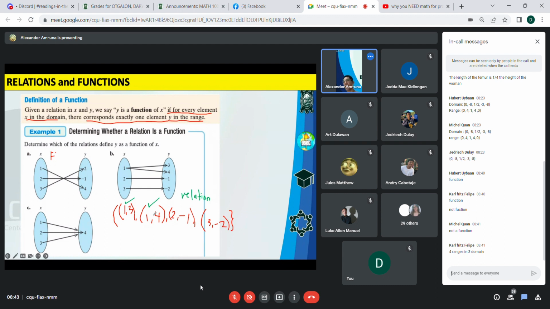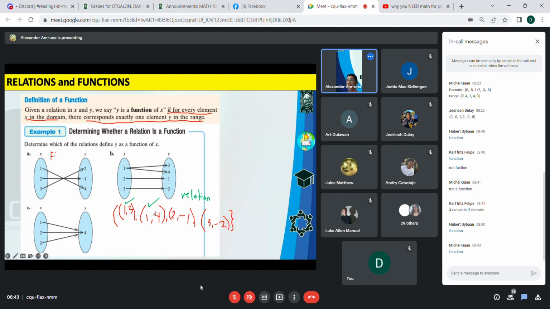Okay. How about letter C? Is it a function or not a function? Function. Hubert said function. All right. Very good. Okay. So again, if you are not sure whether it's a function or relation, just write the ordered pairs.